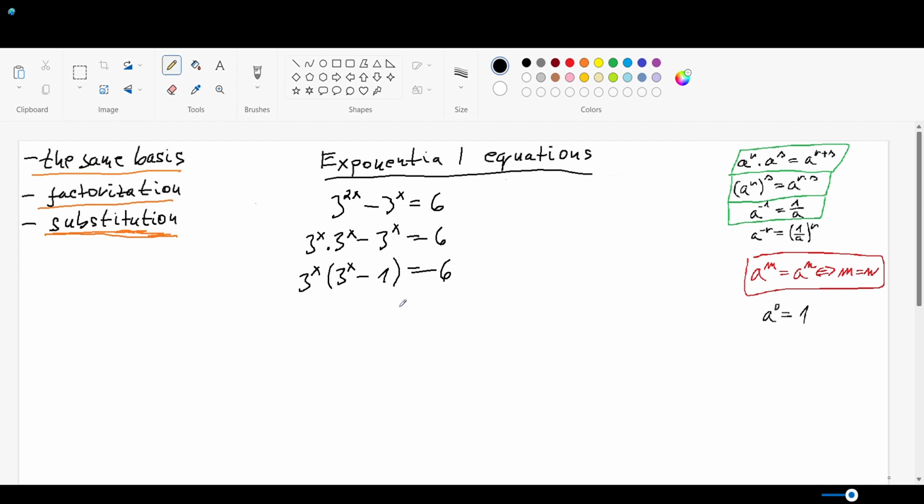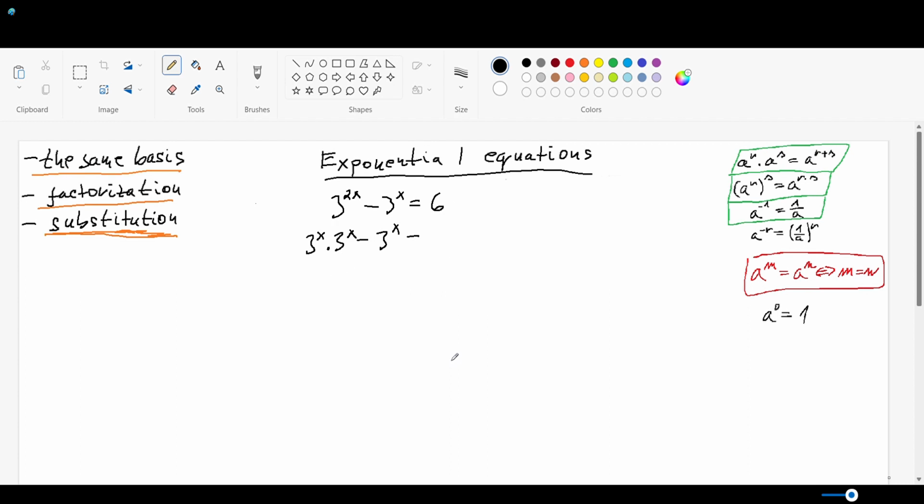And if you have a look at this one, I'm pretty sure you will realize that it doesn't make sense to solve this equation by factorization, because you are not able to solve this equation very easily. But there is one more tricky thing, and it's called substitution.